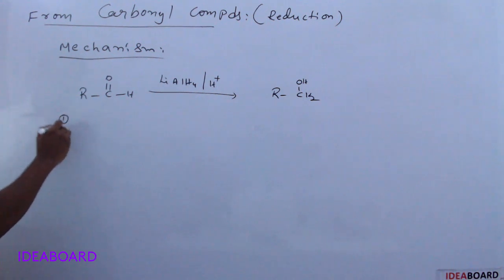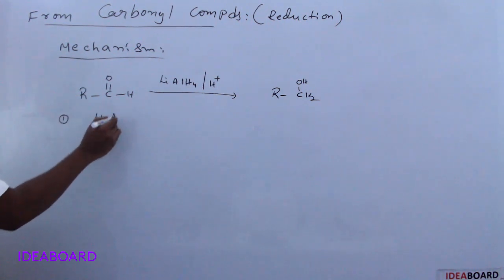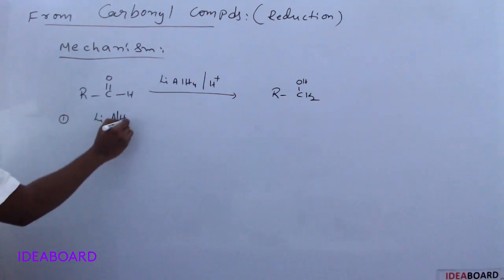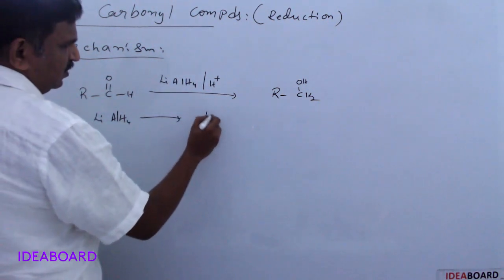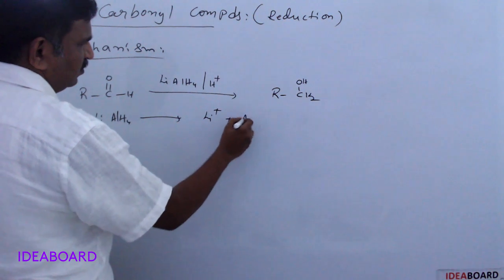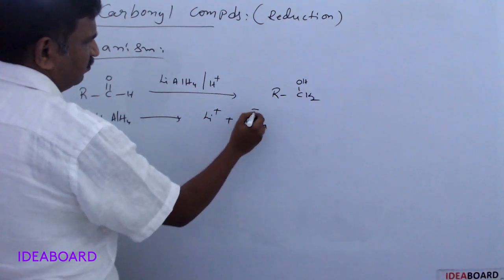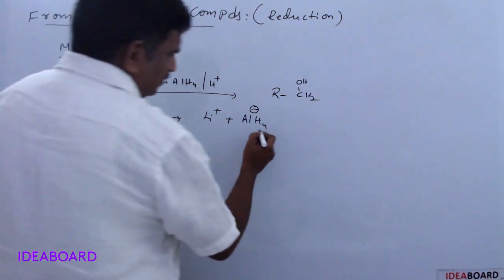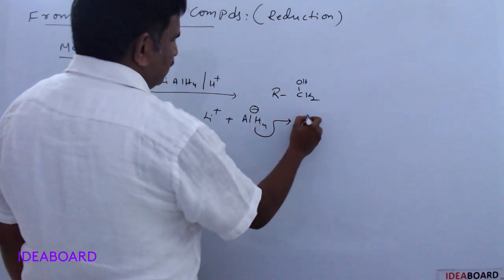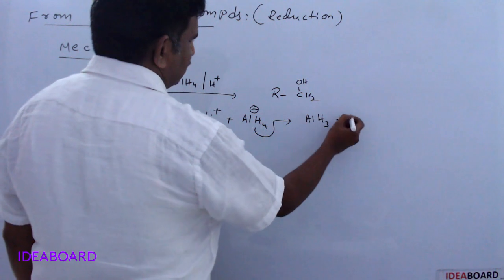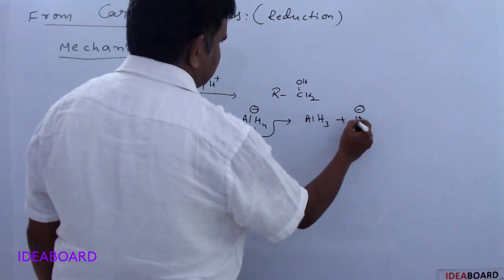In the first step, lithium aluminum hydride decomposes into Li plus and AlH4 minus, and this AlH4 minus again decomposes to AlH3 plus H minus.